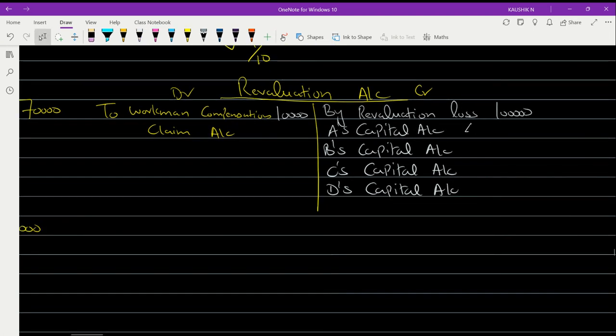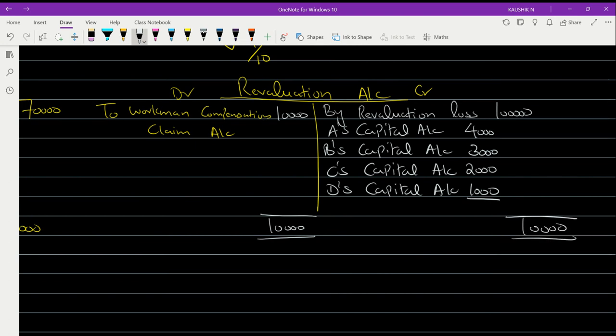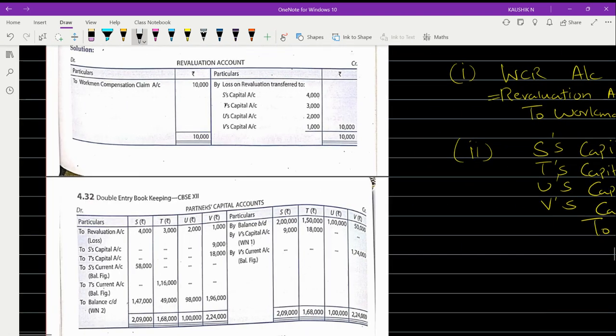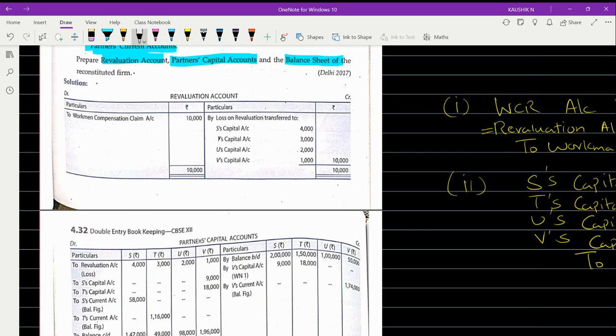The amounts will be 4, 3, 2, 1. Now you will close your ledger balance with rupees 10,000 on both sides. Up to this revaluation account, if you have any doubt, let me know. The same is what they have worked out here. Any doubt up to this revaluation account?